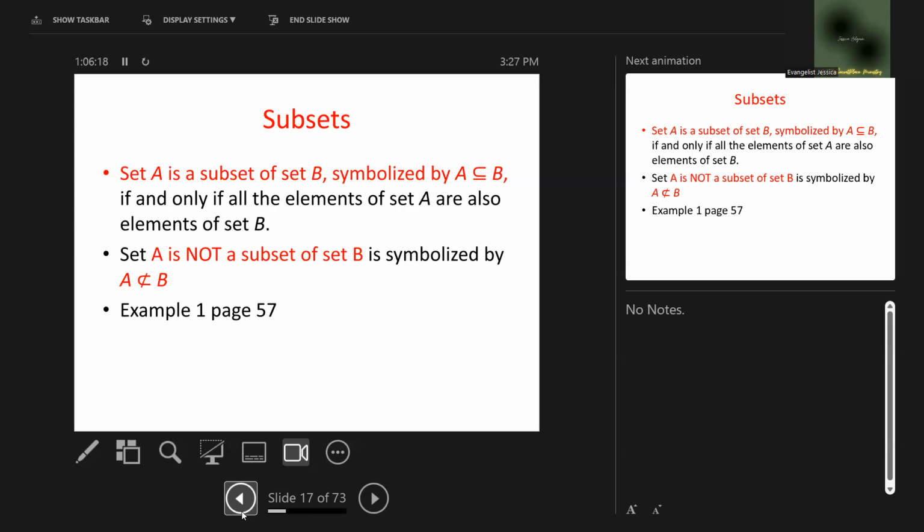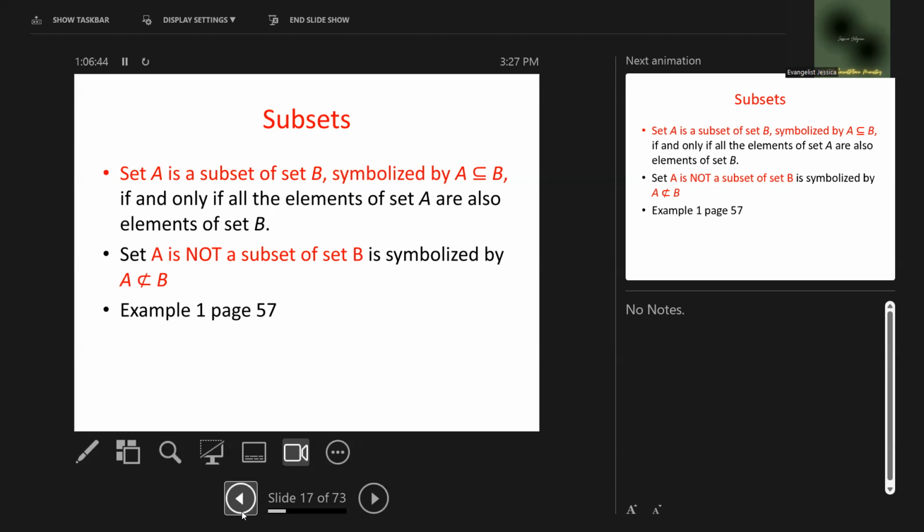Look at example 1, page 57, in the middle of the page. It says write whether there is a subset relationship between these sets. For example, number A, set A is 1, 3, 5, 7.